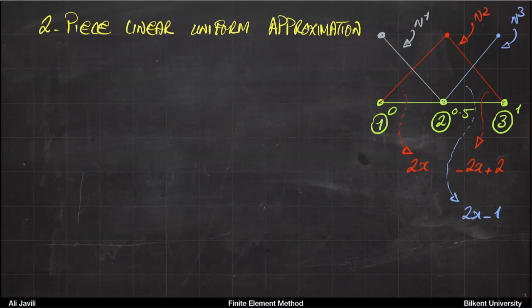Now, for N1, you can imagine that N1 must have the same slope like N2. So it would be something like minus 2x plus something. But then at 0, you want it to be 1. So it would be minus 2x plus 1 maybe. So let me just see if that works.